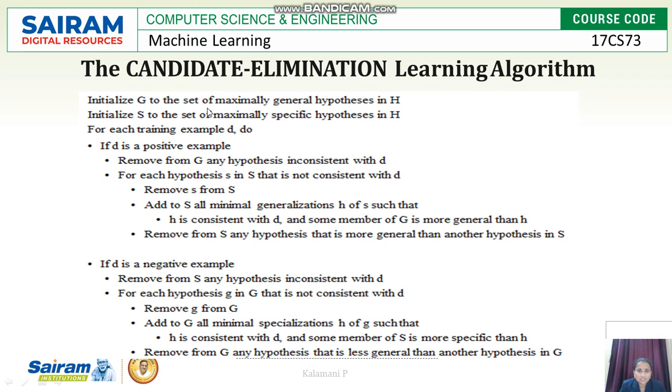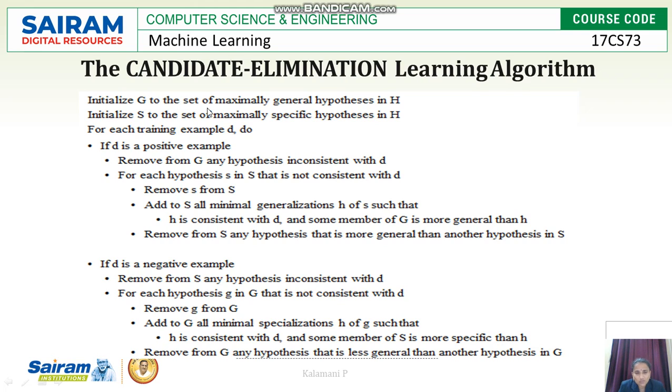At every step, positive or negative, we have to check with G and S both. Positive means we remove inconsistent hypotheses from G. If it is negative, remove from S any hypothesis inconsistent with d. That is the difference between positive and negative training examples.